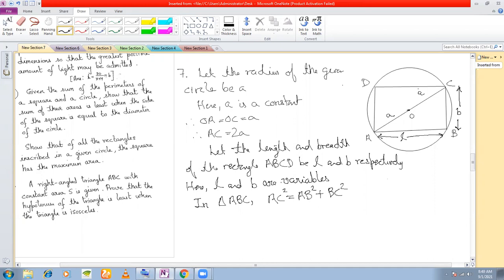Because L and B are both variables. Now if I get a relation between L and B, then later on when I am defining the function which needs to be maximized or minimized, in this case maximized, because they are talking about maximum area, then from two variables L and B, I can come down to a single variable, either L or B. Okay, you understand this fundamental here.